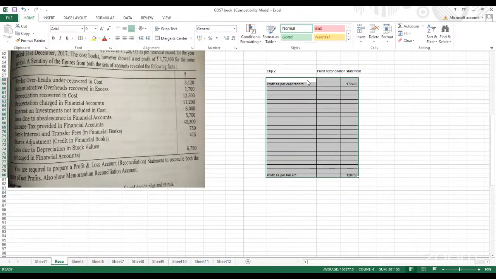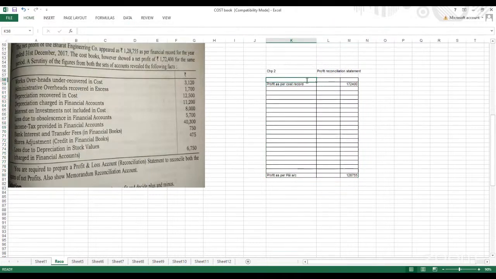Just give me a minute. With particulars and amount, two rupees columns. You have to start with any of the profits. You can start even with the financial account profit or the cost account profit, and you will get the other profit as your answer.